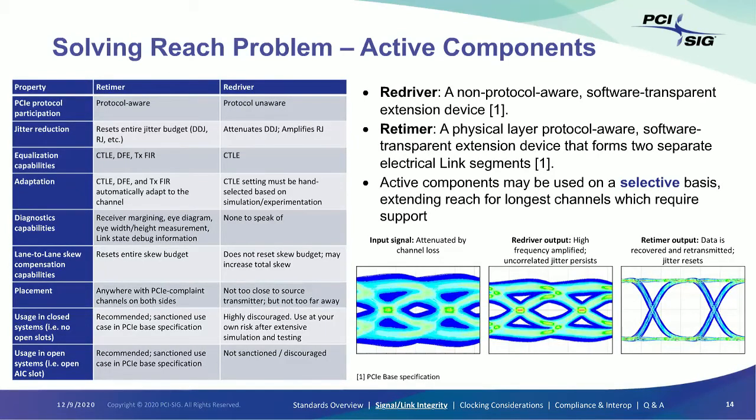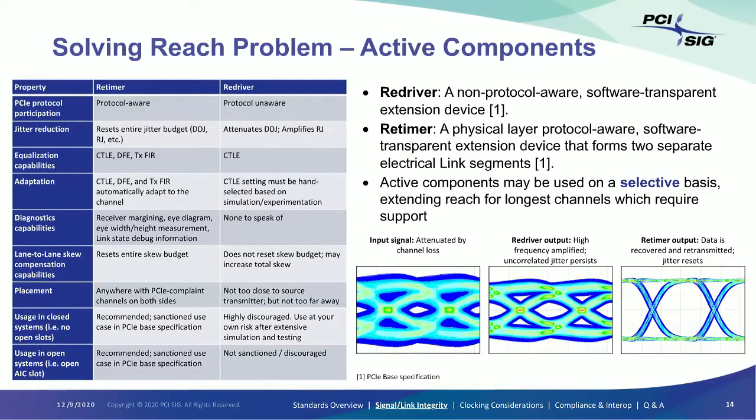Now, to illustrate the difference between a redriver and a retimer, we have these example eye diagrams on the bottom. The bottom left shows an attenuated signal, an eye diagram that's been attenuated by some insertion loss. So you can see increased jitter and vertical closure of the eye. What a redriver would do is equalize some of the insertion loss, or the ISI due to the insertion loss.